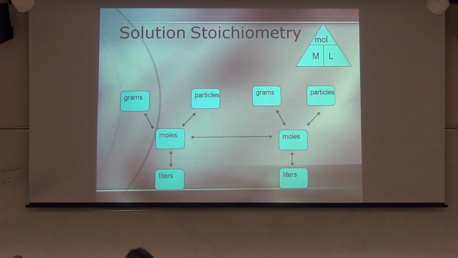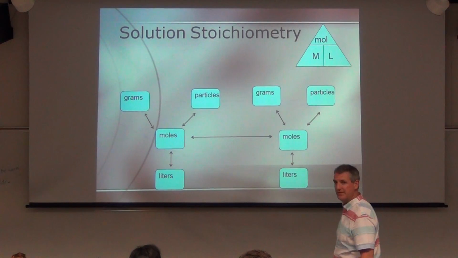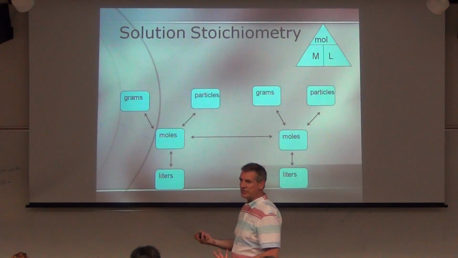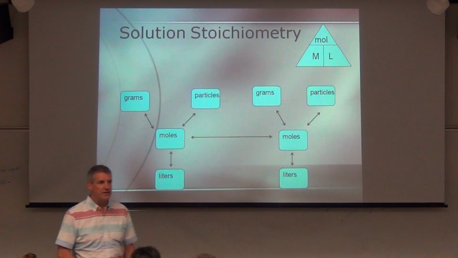All right, solution stoichiometry, here we go. I'll go faster if I'm not keeping you busy. Solution stoichiometry, we've got really two types of problems. Generally, you're either going to use the molarity equation to figure out how many moles of something you have to react, and then you'll use your stoichiometry map to figure out how many grams or moles of a substance you need.